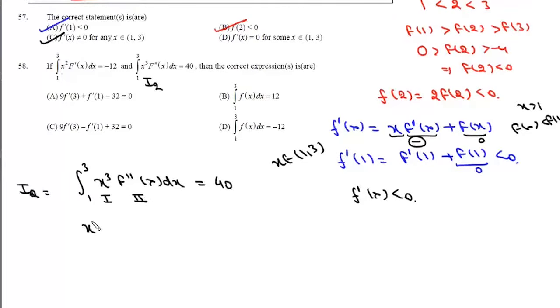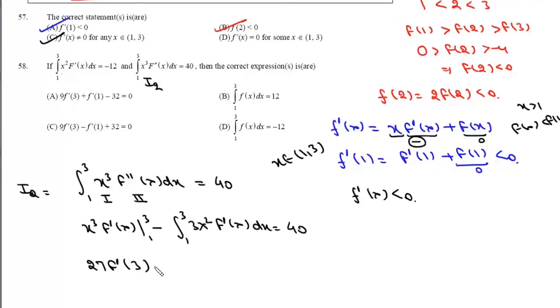We can write x³ f'(x) from 1 to 3 minus the integral from 1 to 3 of 3x² f'(x) dx, and it will be equal to 40. Now this is 27 f'(3) minus f'(1), and minus 3 times the integral of x² f'(x), which is -12. So it will be minus -12 and it will be equal to 40.